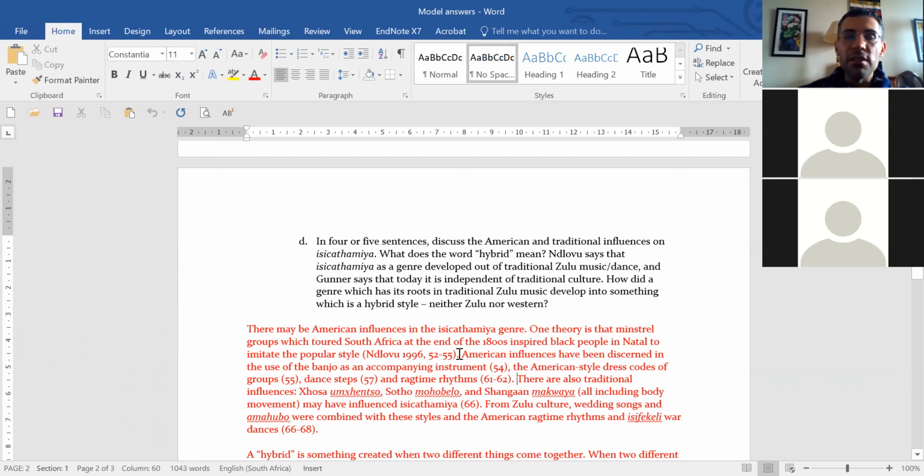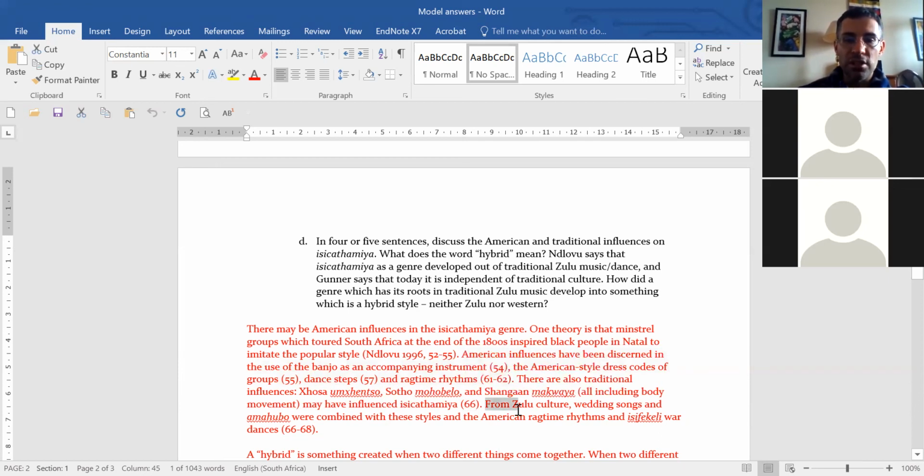Okay, so even though I'm listing all sorts, you'll see that I've put the page numbers to show where I found each of those pieces of information. Then there are also traditional influences. So here I've listed all of the traditional influences which may have influenced isicathamiya, and I say on which page I found that, page 66.